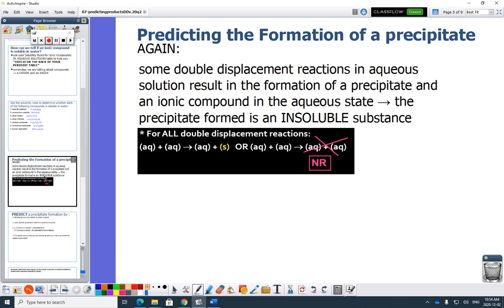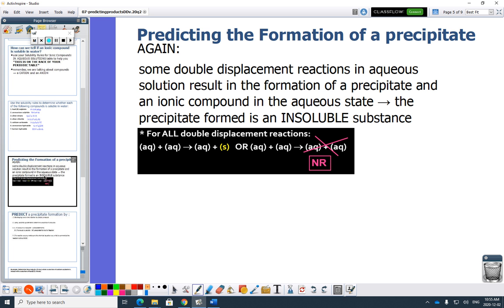Okay, so when you have a double displacement reaction, you have to have aqueous reactants. And when you write the reaction, you can choose for yourself if you trust me that I haven't tried to trick you, which of course I'm not a trickster, right? But you can check that the reactants are aqueous, or you can remember that double displacement has to be aqueous. But now you've got this tool you can use every single time, right?